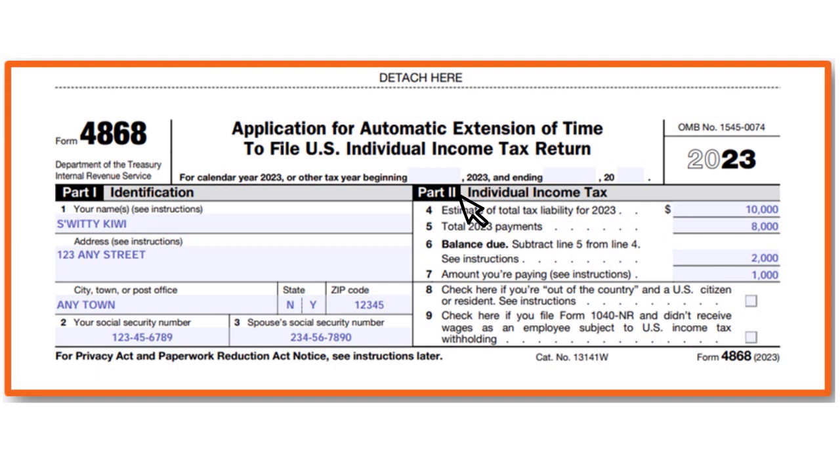One thing I want to say here is that it's really important to be as transparent as possible, and you have to prepare a little bit in advance, because even though Form 4868 gives you an automatic extension, in other words, the IRS grants it automatically, you must pay your taxes. The time to pay your taxes is not granted automatically.